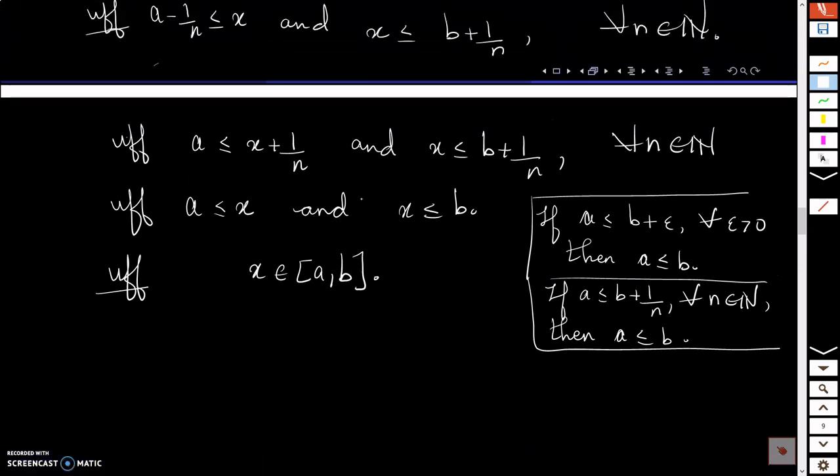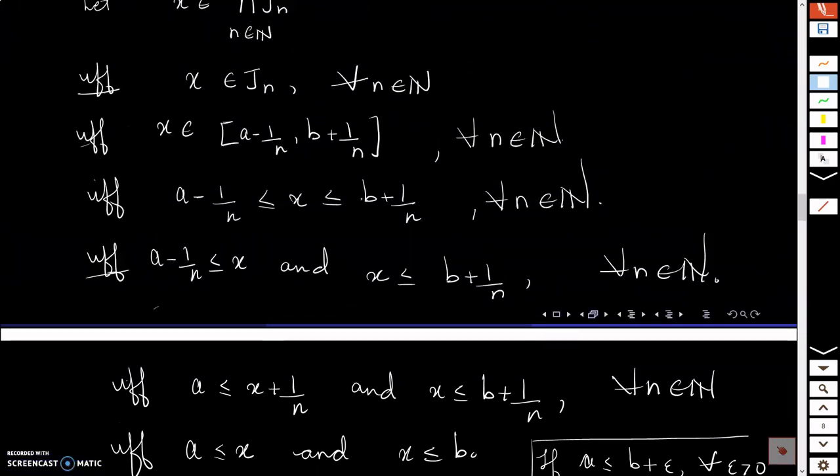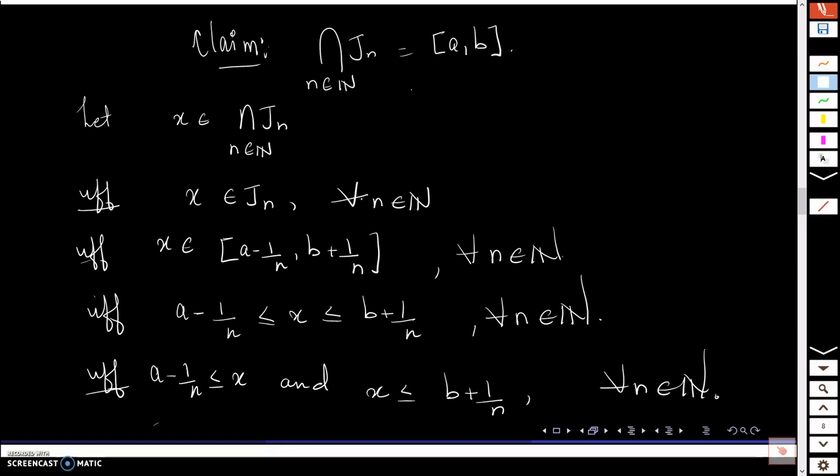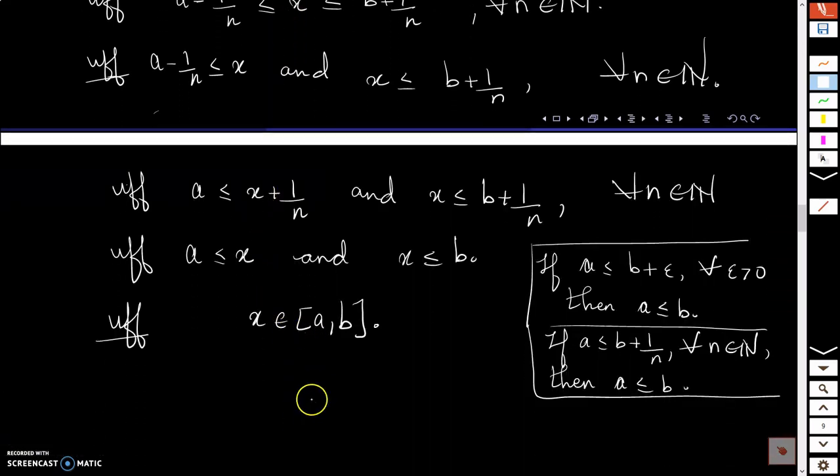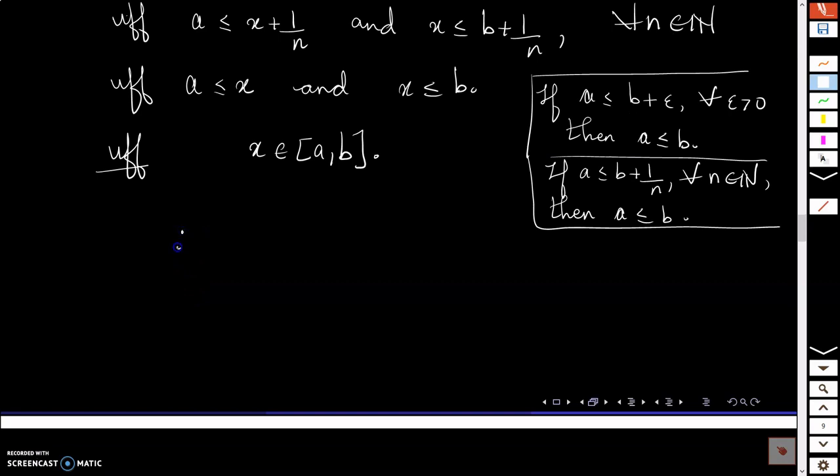So what did we prove ultimately? We proved that a point x will come in the intersection of all the Jn's if and only if the point x is there in the closed interval ab. So the intersection of all the Jn's is nothing but the closed interval ab.